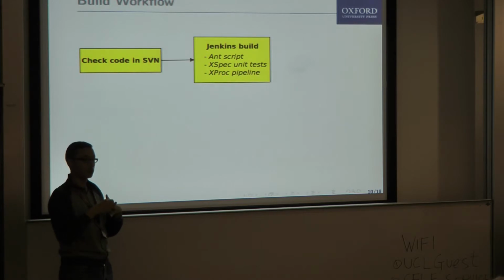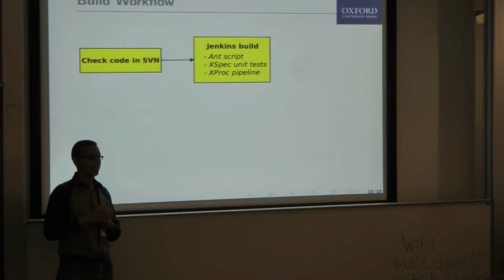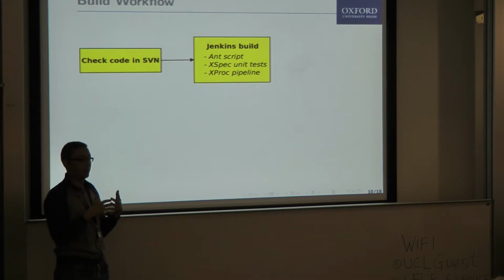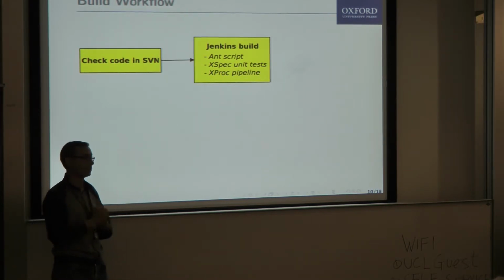So we have an XProc pipeline boilerplate, and then we have an XML file with a list of steps for that language. So instead of maintaining a monolithic, huge pipeline for every single language, we just create it on the fly based on a boilerplate and a list of steps.